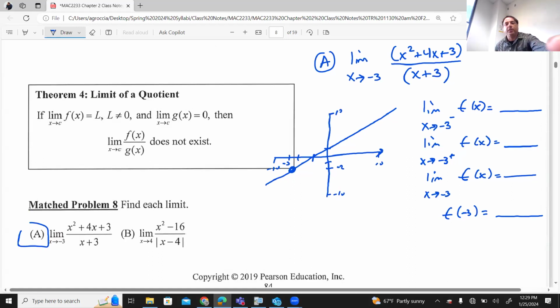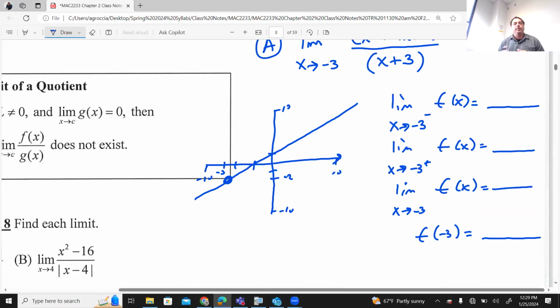Okay, I can make it a little bit larger for you. So you tell me, as we go through this nice and slowly, coming from the left, as I approach -3, what's the y value? -2.